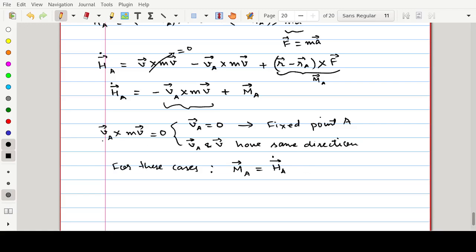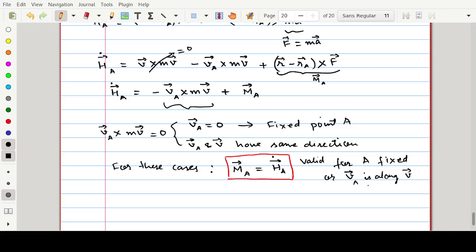So this relation is very similar to the relation for linear momentum that we saw just a while ago. But remember that this is valid for A fixed, or when the velocity of that point is along v.